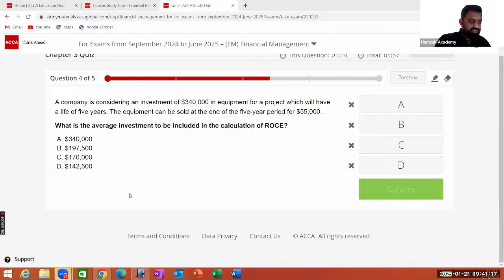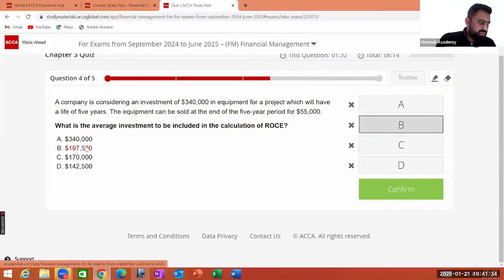So option B is the answer. Initial investment is 340, and residual value is 55, divided by 2. 197.5. Yes, option B should be the answer.